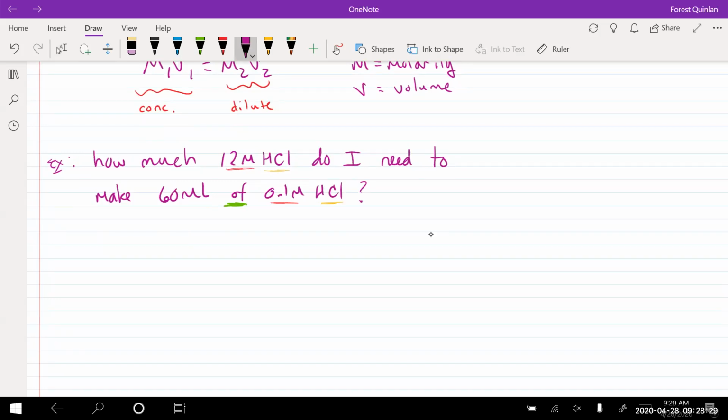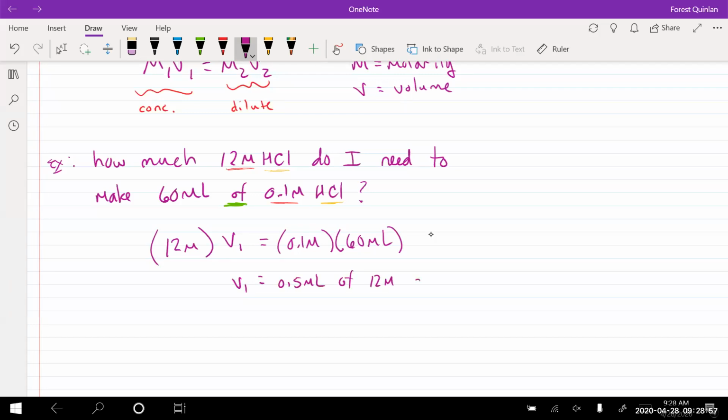So I'm going to say I have 12 molar HCl, and we'll just say 12 molar times, I don't know what that volume is going to be yet, is equal to the 0.1 molar times the 60 mils.